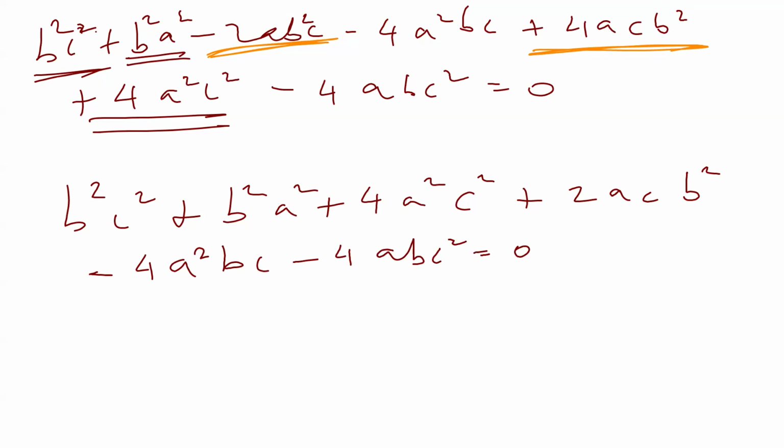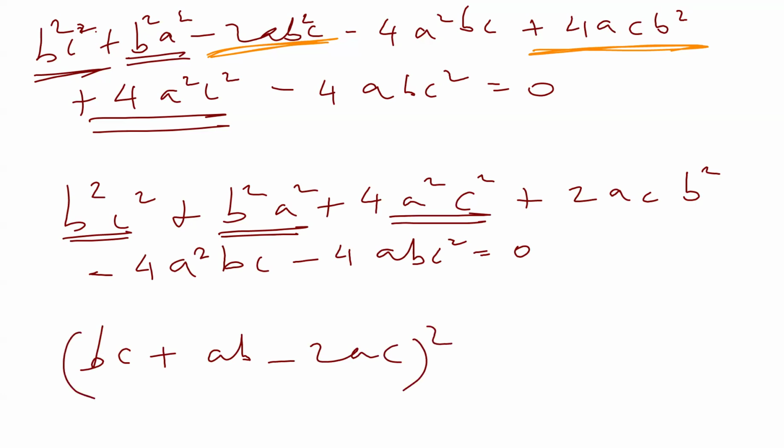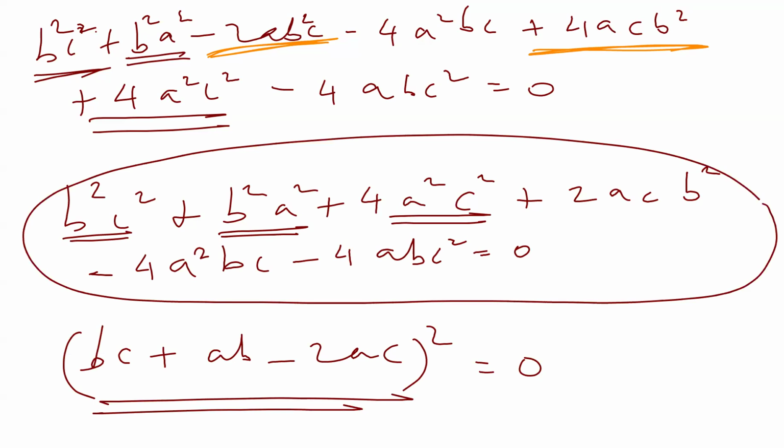Now guys, this is a very complicated term. Okay, so commit to memory this particular step. bc plus ab, this is ac, so right, minus 2 ac, the whole square equal to 0. Because if you expand this, you'll certainly get this. Now this part absolutely is very tricky, okay, to teach and for you to understand. So this you commit to memory, okay.